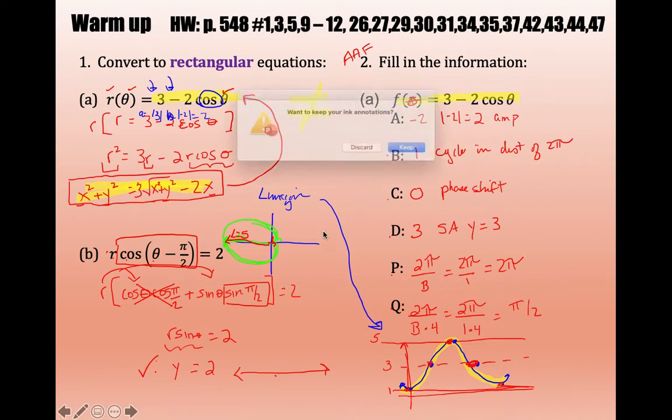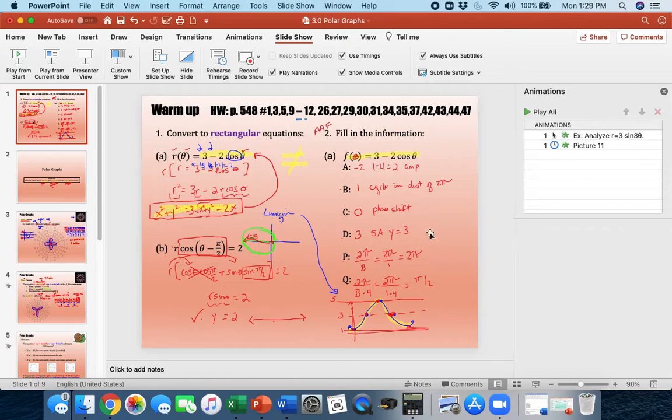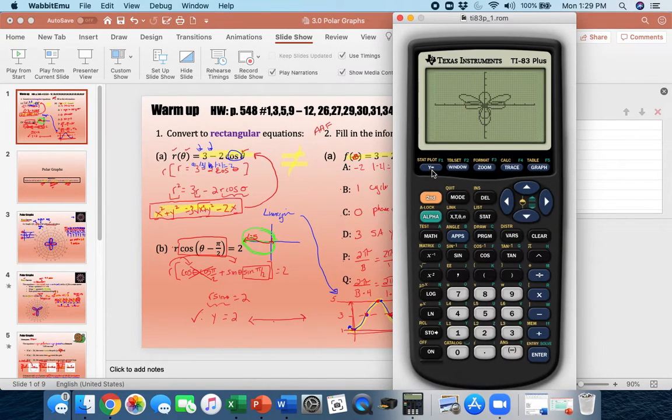Now let's go to your calculator and look at that. 3 minus 2 cosine theta. Now I'm going to change my format to go to polar coordinates.